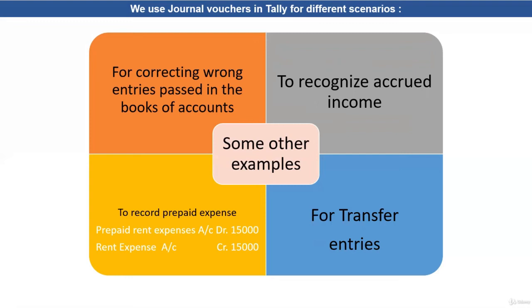To record prepaid expenses, the entry becomes prepaid rent expense account debit, which goes under current assets, and rent expense gets credited. For any kind of transfer entry, you can also post it through an adjustment entry in the journal voucher. So let's see how to record these types of journal entries.